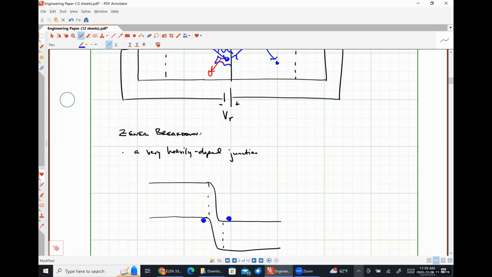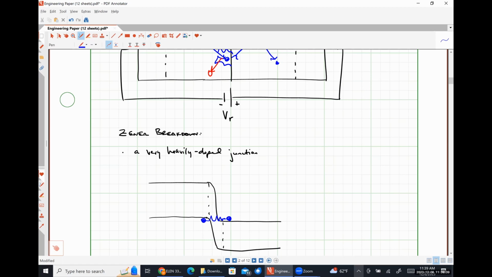And since it's just a short distance, they can pretty much just hop on over freely. So we get large amounts of current flow during Zener breakdown, but we're not causing the physical damage that avalanche breakdown causes.